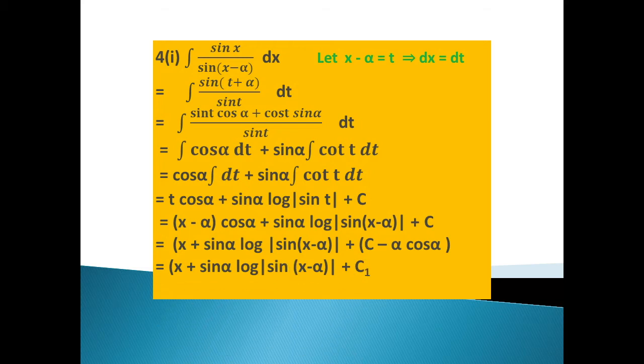So therefore in the last line I have written that the answer would be x plus sine alpha log of mod of sine x minus alpha plus c1, where c1 is what? The new constant of integration, which is equal to c minus alpha cos alpha there.